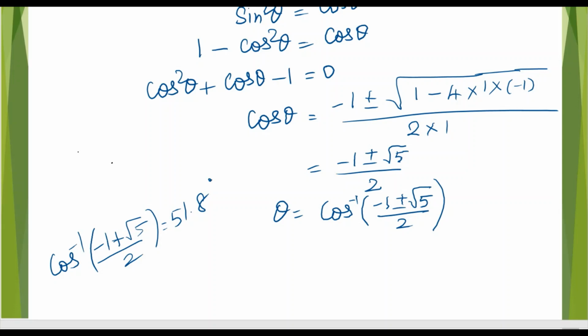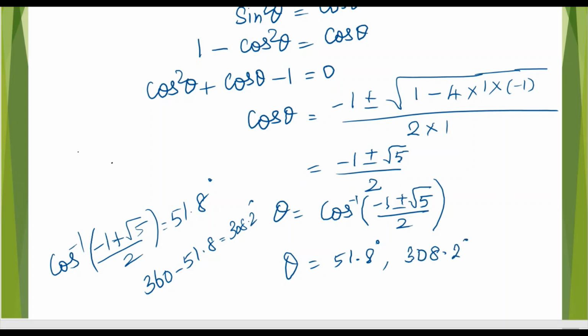Okay. So the next value, positive value, will be 360 minus 51.8, which is equal to 308.2. So theta is equal to 51.8 and 308.2 degrees.